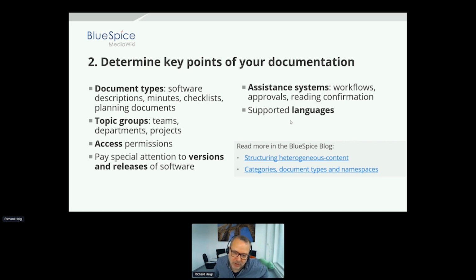Supported languages, always a hard question. How many languages do we support? Language is always a huge topic, and you should only make plans for it if you have a certain audience for that, or if you have enough content. If you just provide a few pages in a different language, you don't have to make a plan for that.